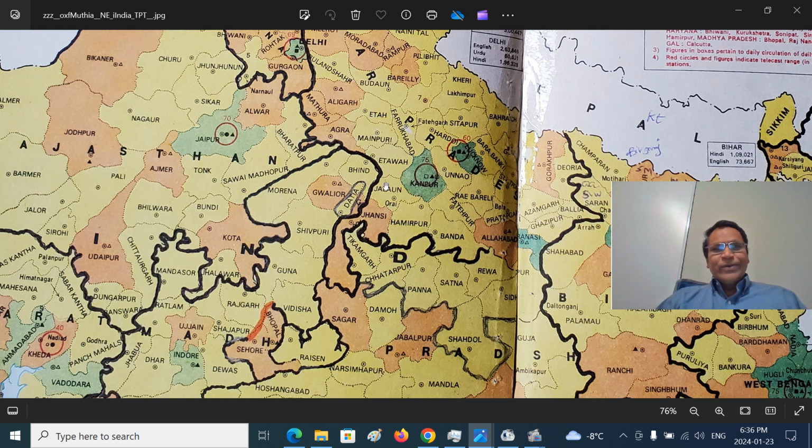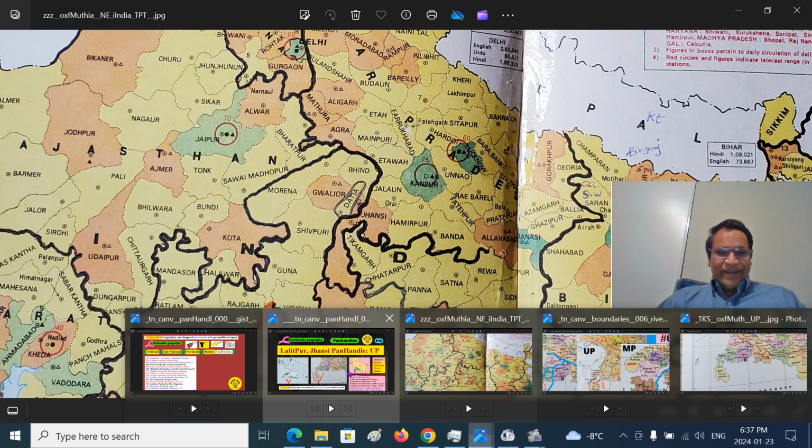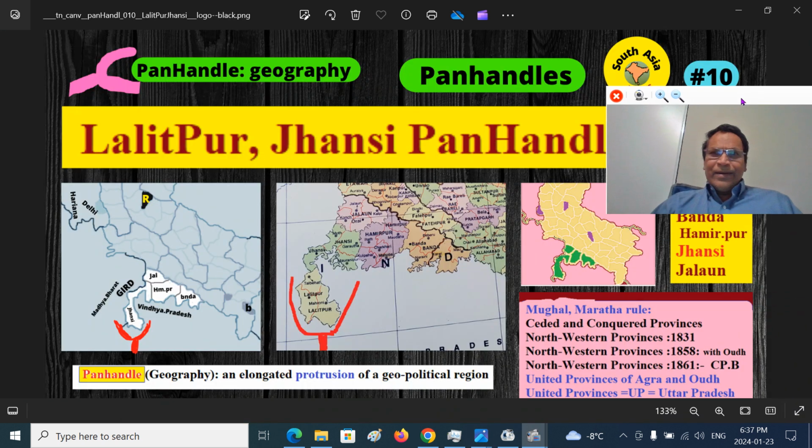So this entire region is Bundelkhand, that is Jalaun, Hamirpur, Banda. Now there are many districts. Jhansi, this part is a protrusion of this Uttar Pradesh part of Bundelkhand or United Provinces in general. That's the point you should keep in mind. Let's go and look at it a little bit further.